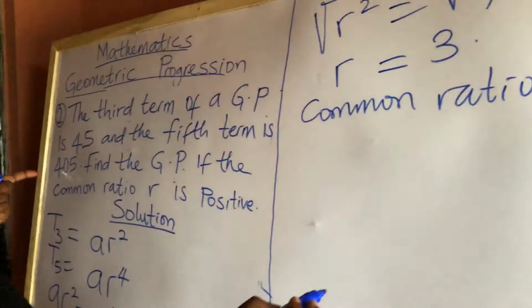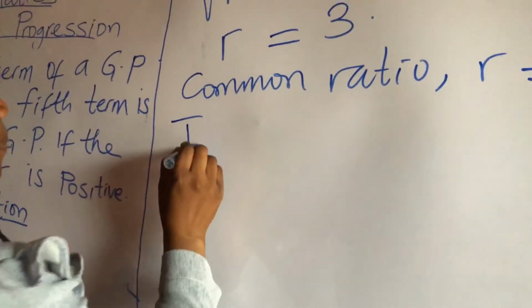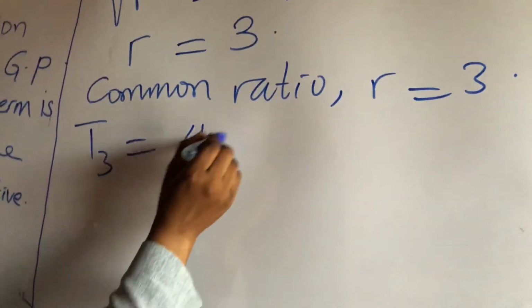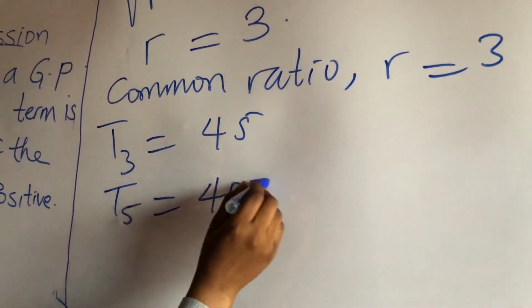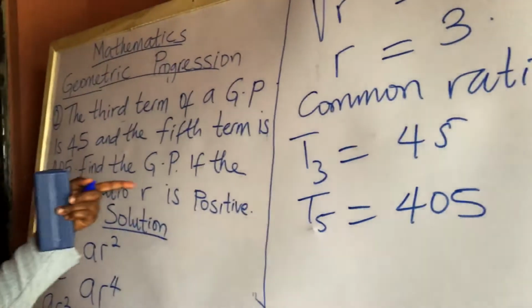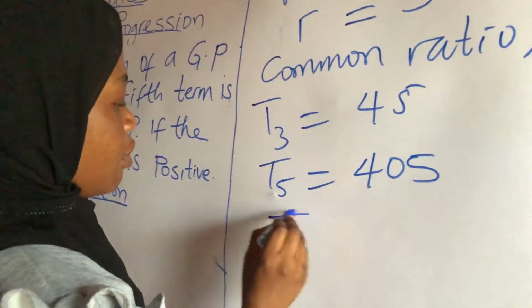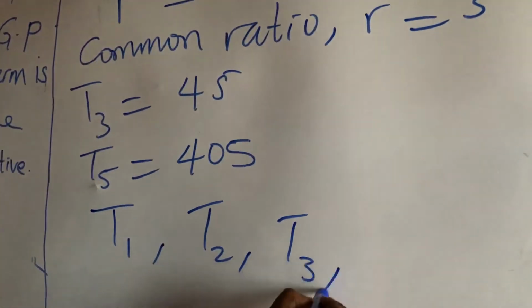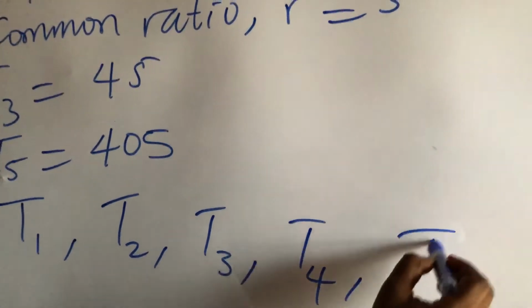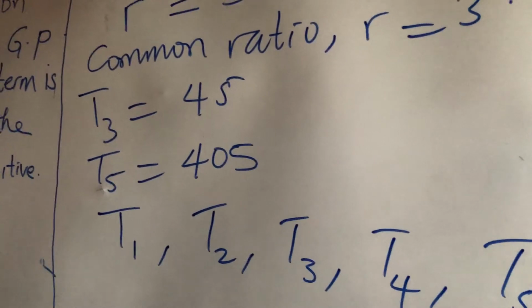But we know the third term will be equal to 45, and we know the fifth term will be equal to 405. And they ask us to find the GP, that is, we want to write from the first term to the second term, third term, fourth term to the fifth term, which is our last term here.